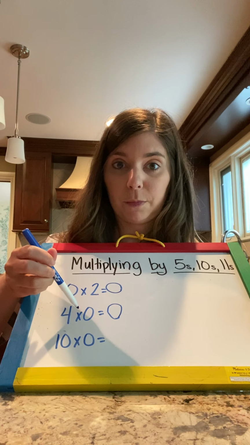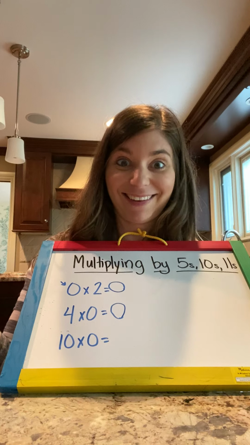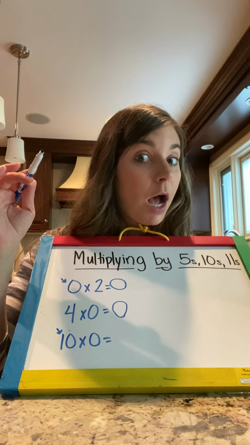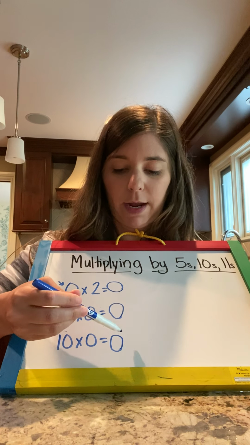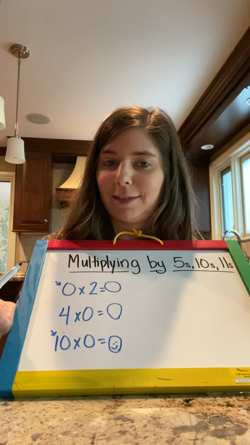There are 4 groups of 0. Draw 4 groups of nothing is nothing, right? 10 times 0 is... You got it. 0. That's right. Good job to you. How'd that smiley face get there? Very good. So anything times 0 or 0 times anything means there are no groups of that number.